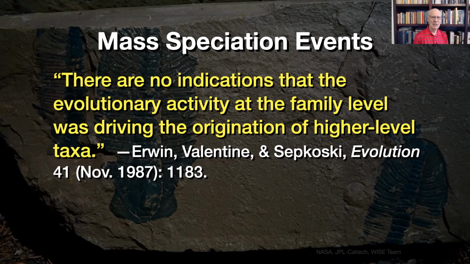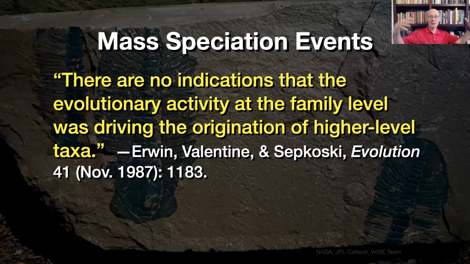But way back in 1987, they made this comment based on their analysis of these events where we see a huge amount of morphological change going on. They're mainly focused on things like the Avalon explosion and the Cambrian explosion and what happened after the mass extinction event of the Triassic era, what happened when the dinosaurs were wiped out.